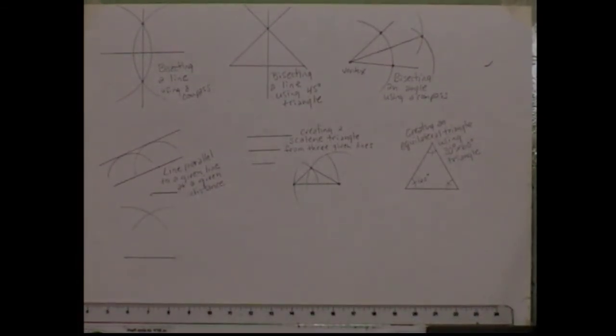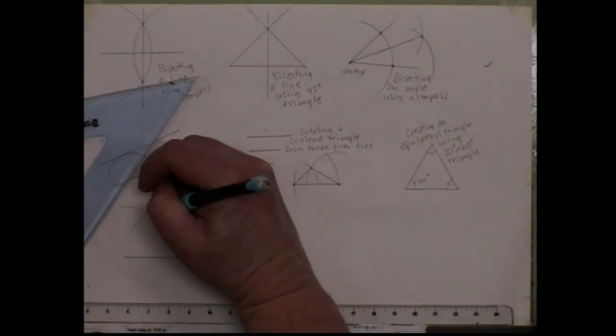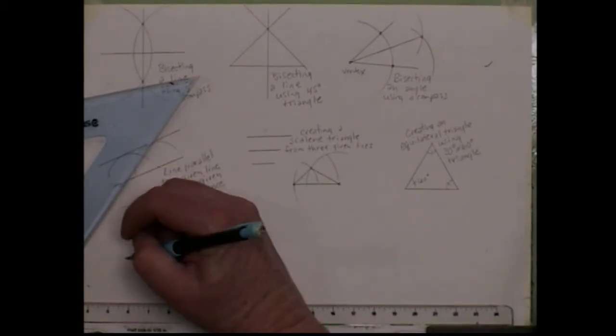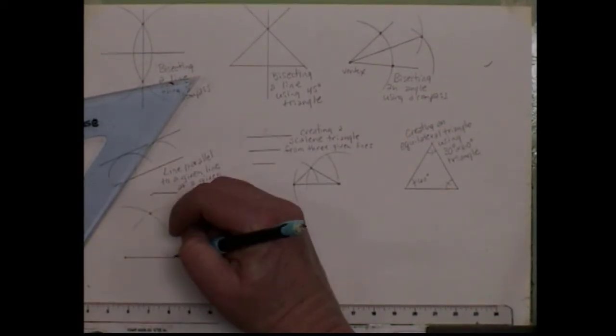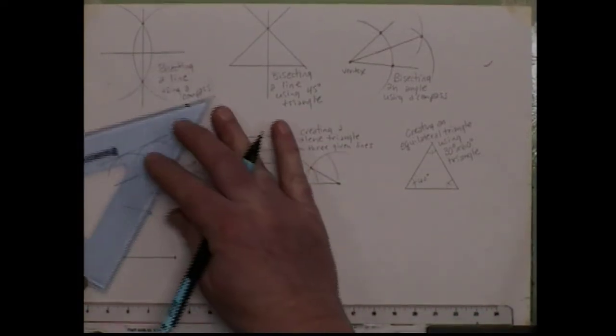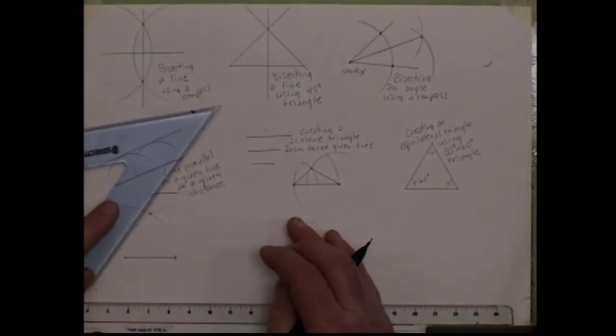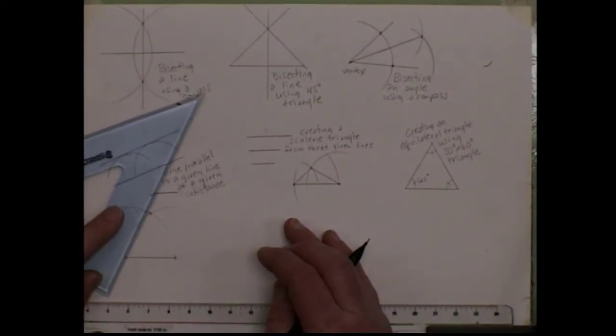And instead of making a bisecting line, we would just connect these points. So now we have this intersecting point, we have the points at the end of the line, and we would use our straight edge to connect those points.